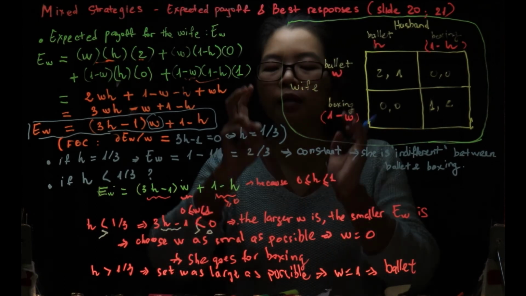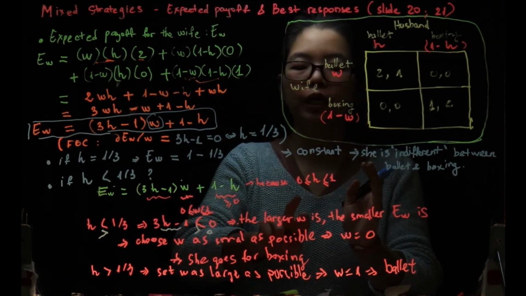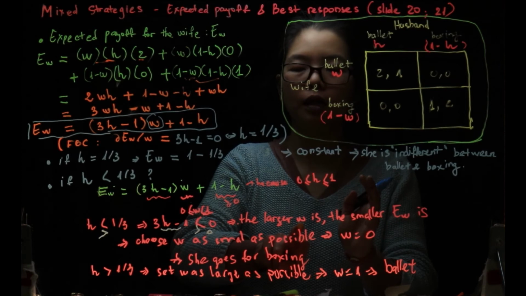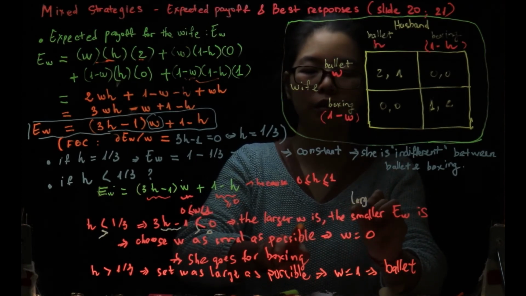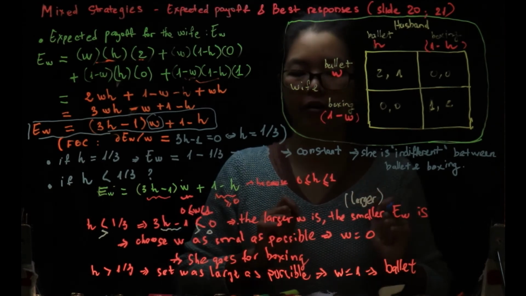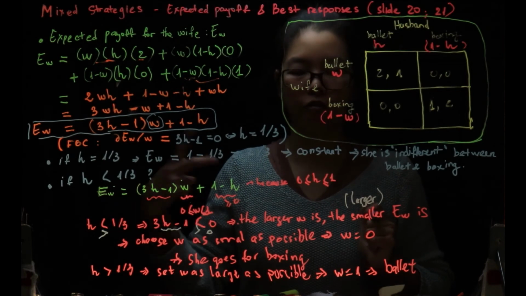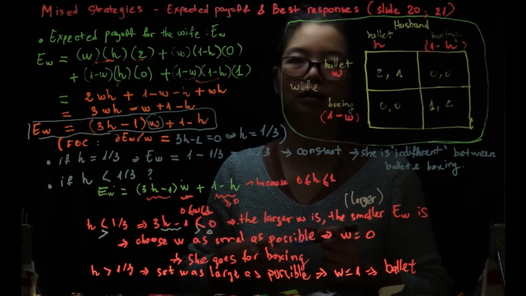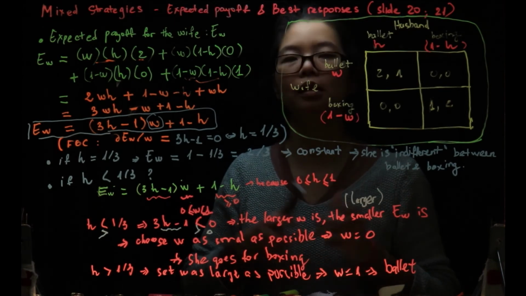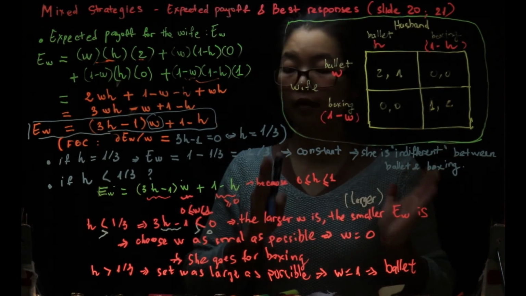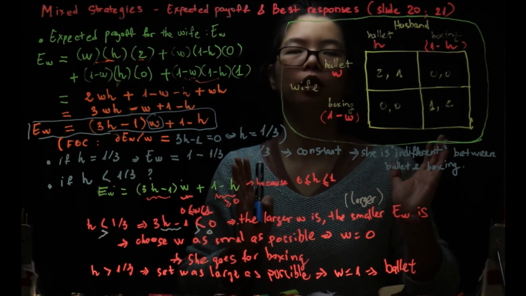That means the larger W is, the larger the expected payoff is. So for that you would like to set W as large as possible. And this explains what is written on your slide.